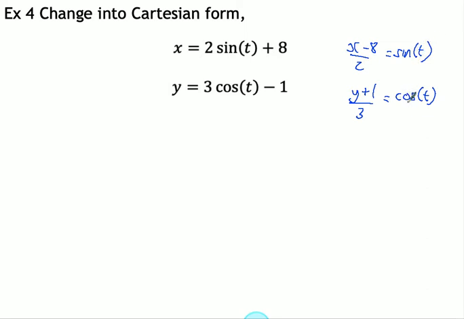Well, we've got the Pythagorean identity, don't we? So we know that sine squared t plus cos squared t is equal to 1. So I can do exactly that. I square both sides and then square both sides. I can now write down this.